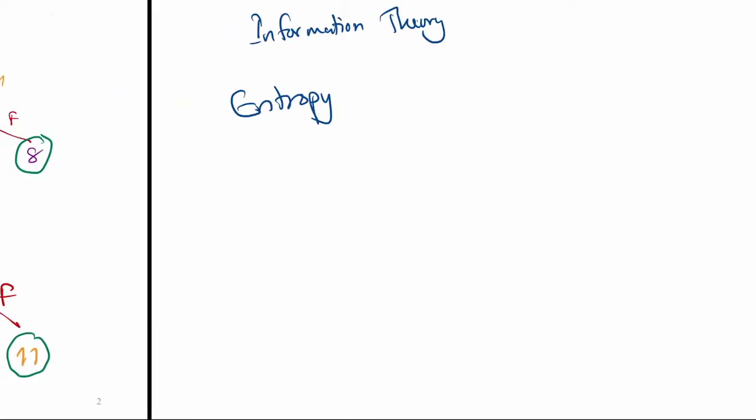In information theory, we look at the entropy of something. So let's say we have our original data set.